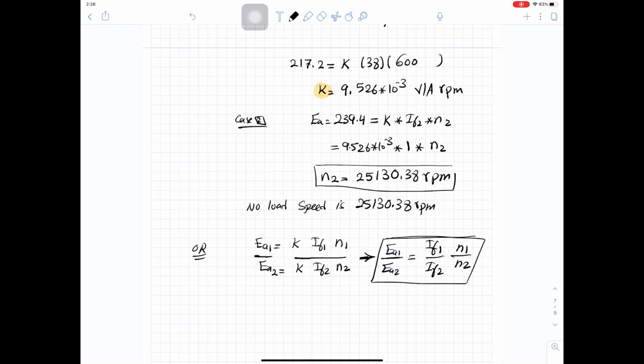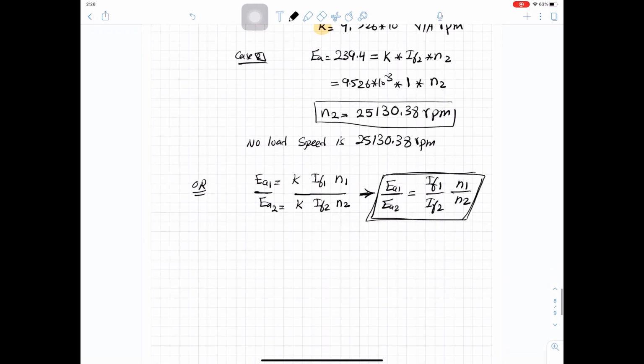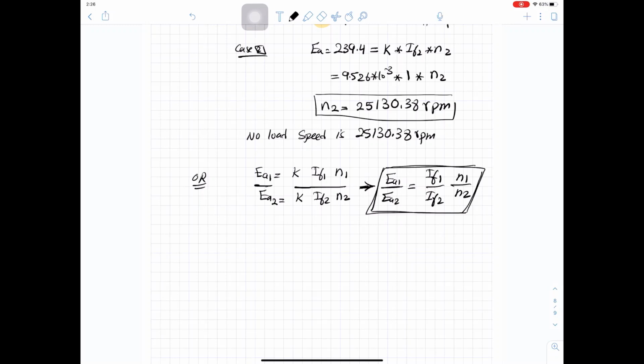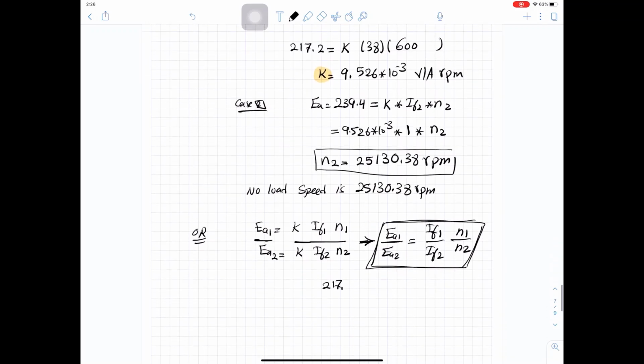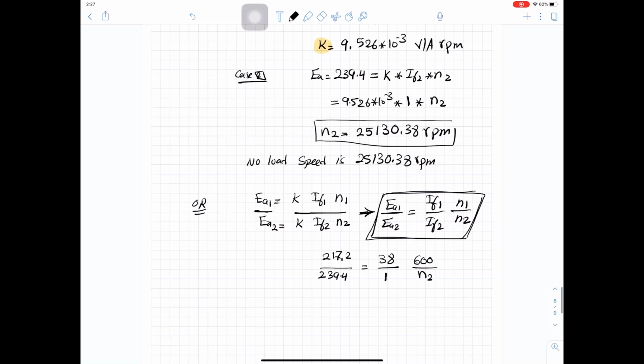So this is one of the famous relations for DC machines that you can use directly. So EA1 was 217.2, EA2 was 239.4, IF1 was 38, IF2 was 1, N1 was 600 RPM, and N2 is the unknown. You can find N2 to be 25130.38 RPM, which is the same answer.